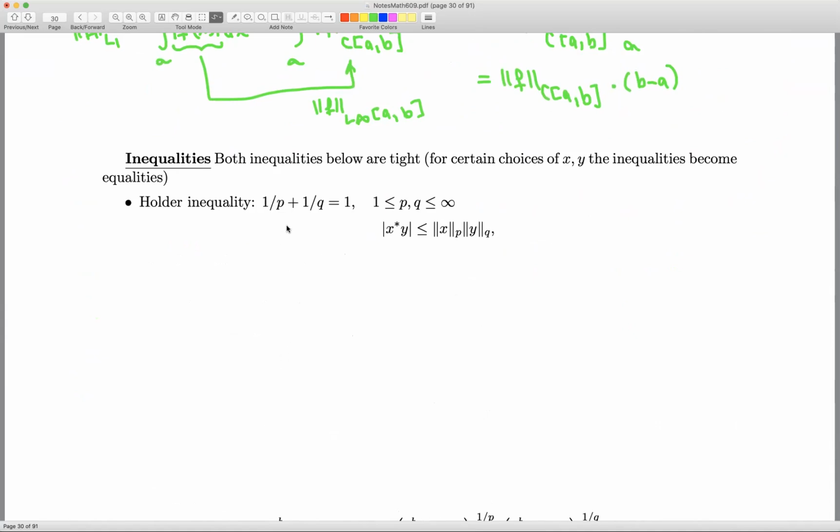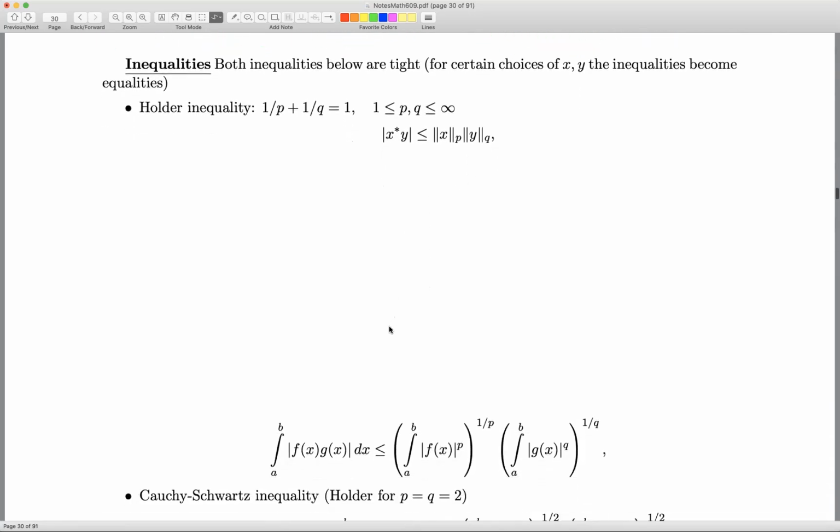So if you have p and q, which are two numbers between 1 and infinity, including 1 and infinity, even though you may not say that infinity is a number, and if 1 over p plus 1 over q is equal to 1, then the absolute value of the inner product of x and y is bounded from above by the p norm of x times the q norm of y. And this inequality has its counterpart.